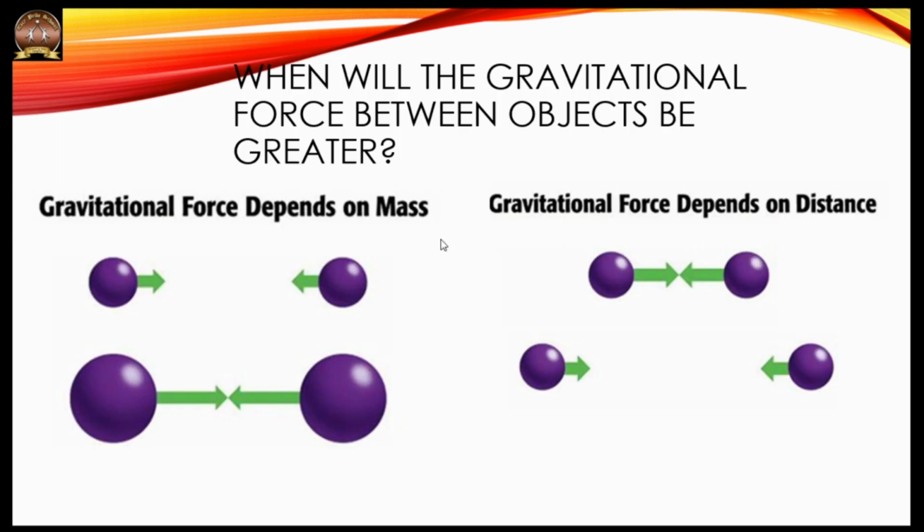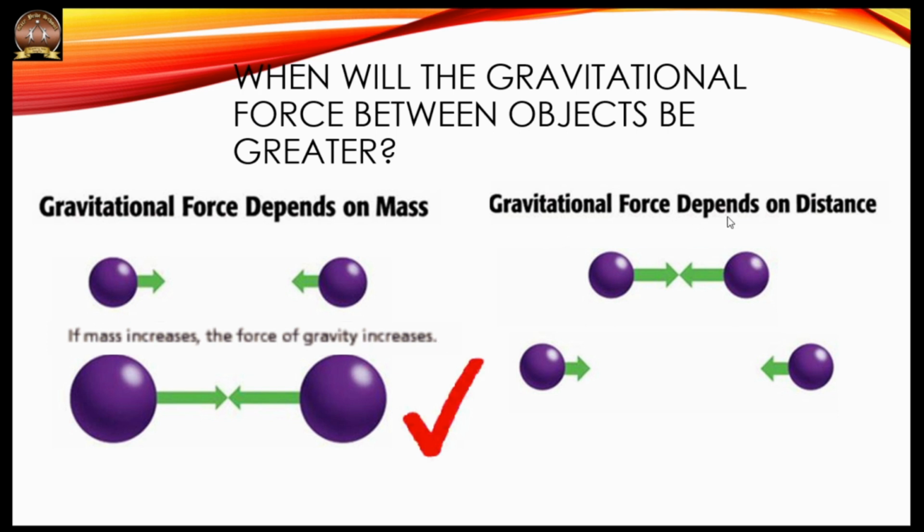Now look at these two scenarios and let's find out when the gravitational force between the objects will be greater. Gravitational force depends on mass. Therefore, the gravitational force would be greater in this case where the mass of the objects is greater. That is because if mass increases, the force of gravity increases.